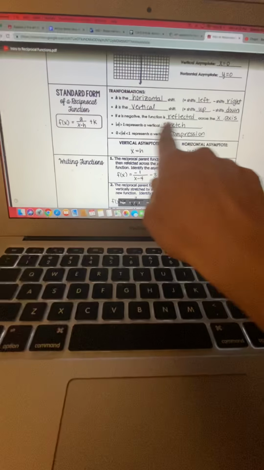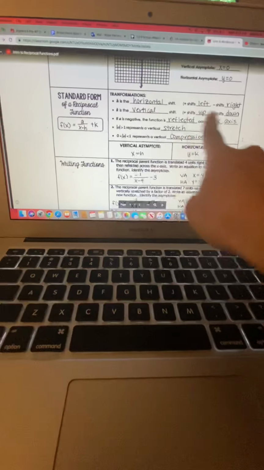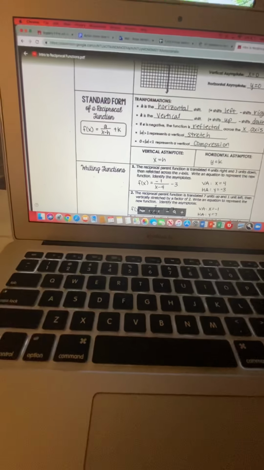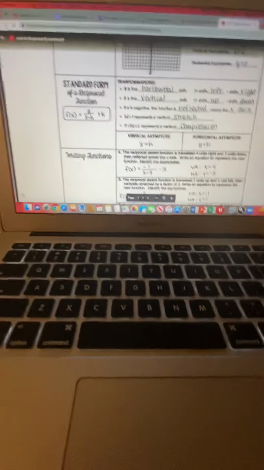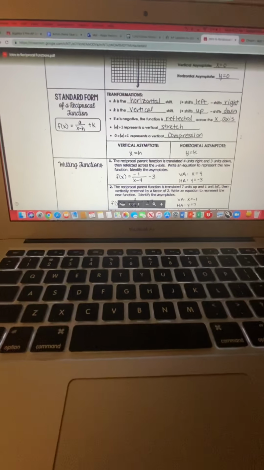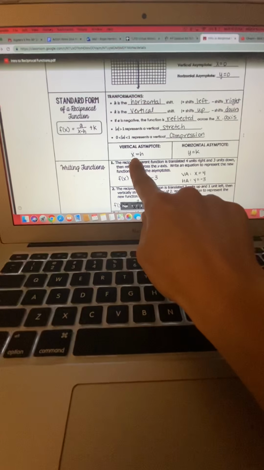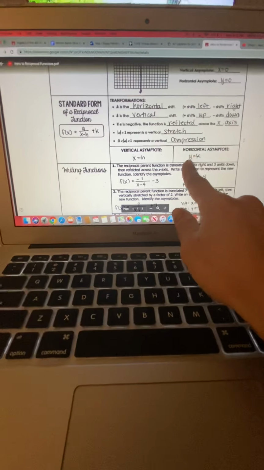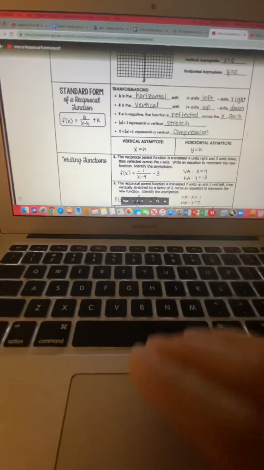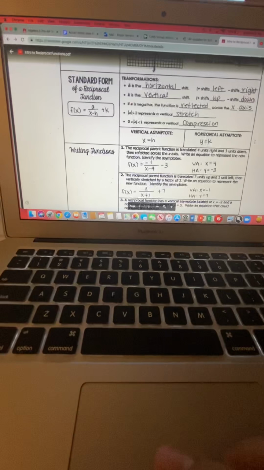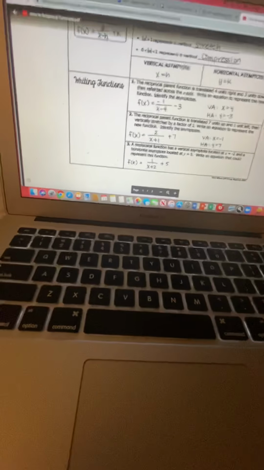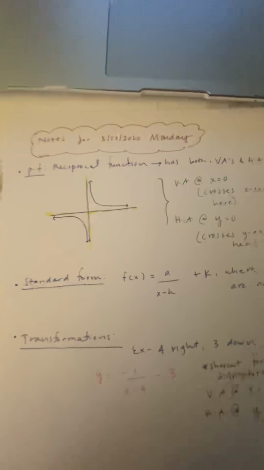This next section here is just explaining the transformations, which you guys should already kind of know at this point. Remember this always. A vertical asymptote will always start with x equals, and horizontal, y equals. All right, so now I'm gonna show my page that I have here and further explain.